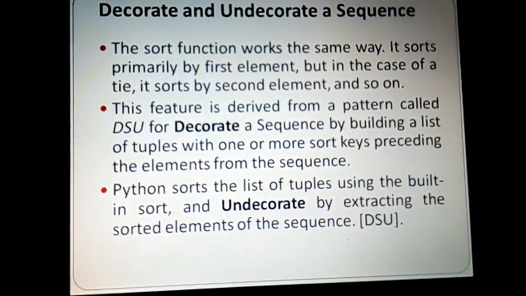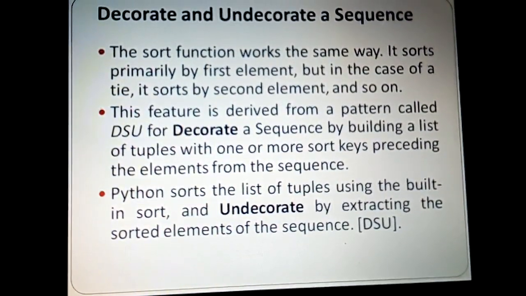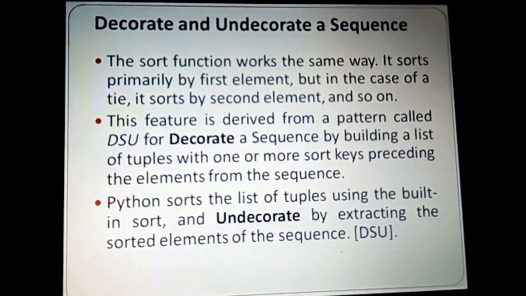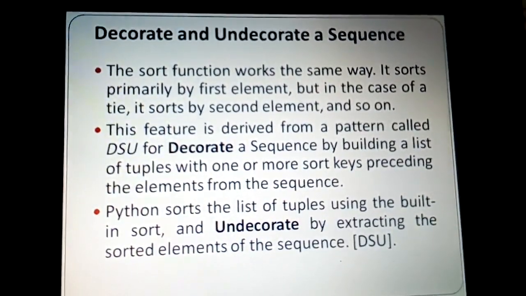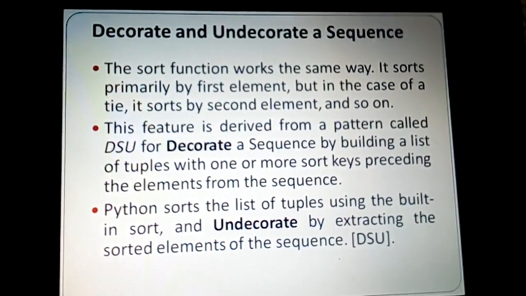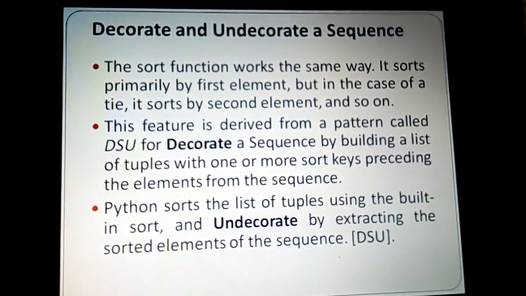So let us go back to the slides and see the next concept, that is decorate and undecorate a sequence. Now we know that there is a sort function which we already use. How does sort work? Basically it sorts on the first element, and in case there is a tie, it will look at the next element, and subsequently it will go on.